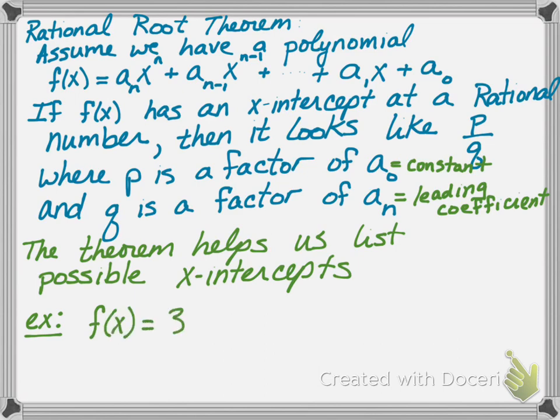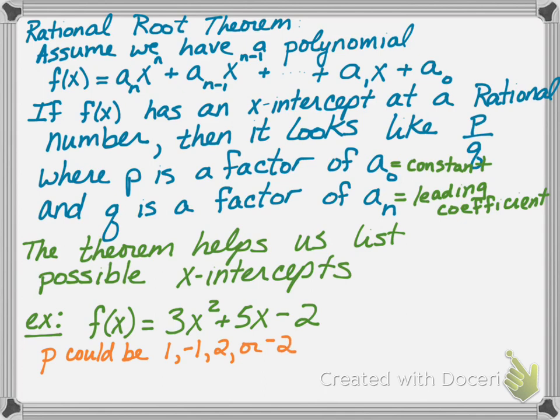So for example, if f of x equals 3x squared plus 5x minus 2, the numerator could be all the factors of 2, which is positive 1, negative 1, 2, and negative 2.